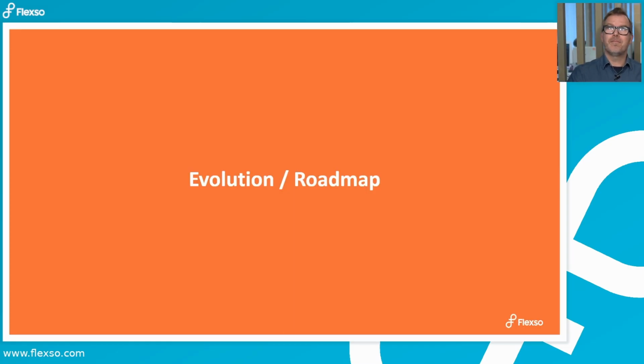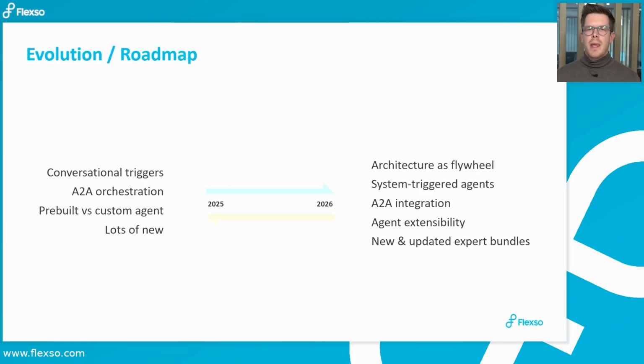Yeah, that brings us to how we see this evolve. What we saw until now is a conversational trigger, so we can ask Joule something and it will delegate to a certain custom agent. We also see agent-to-agent orchestration, as our custom agent was being called by Joule.